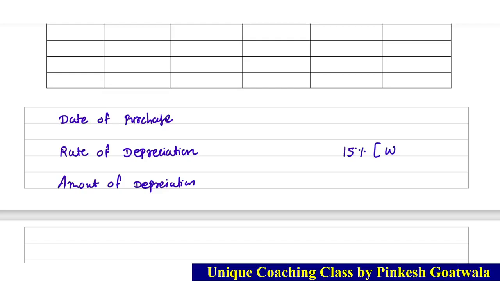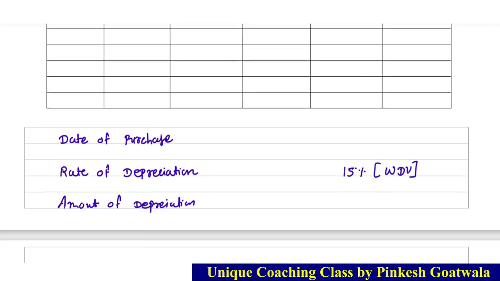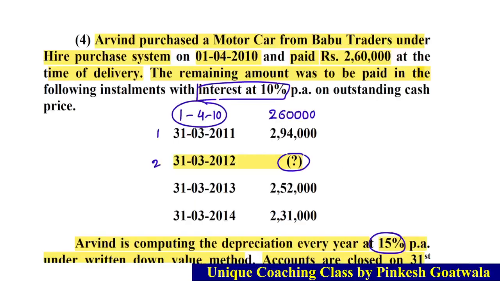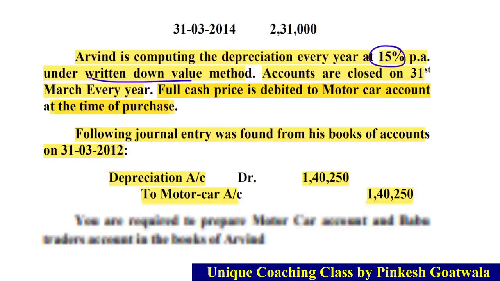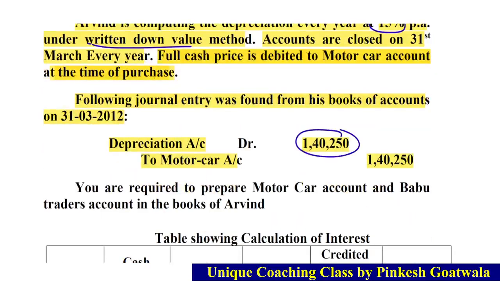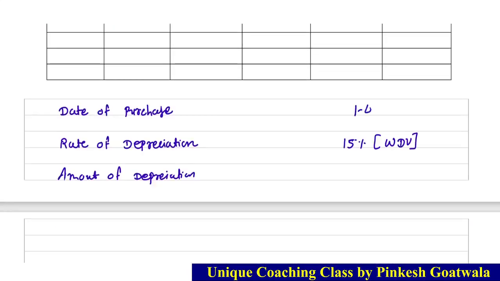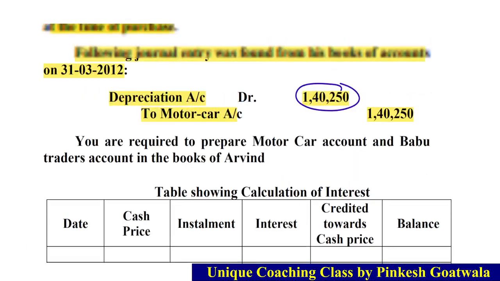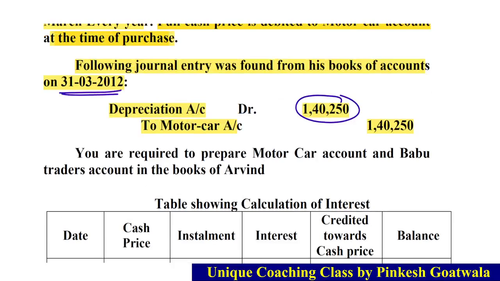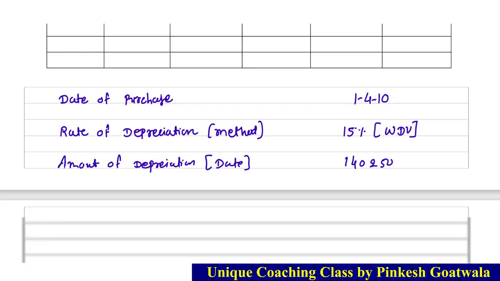Written down value means diminishing balance method. And what is the purchase date? 1st April 10. And amount of depreciation 140250. I also told you here we write the date also, and the method. So on which date is the depreciation given? Depreciation was given on 31st December 12.